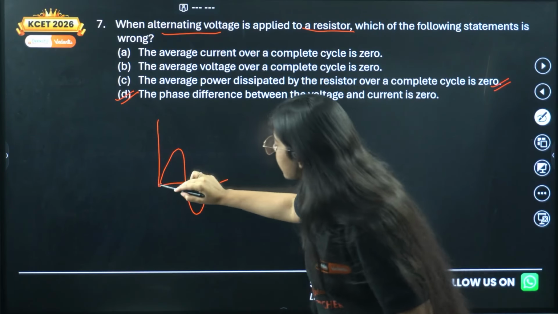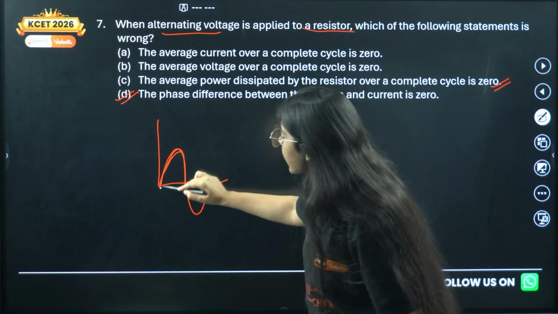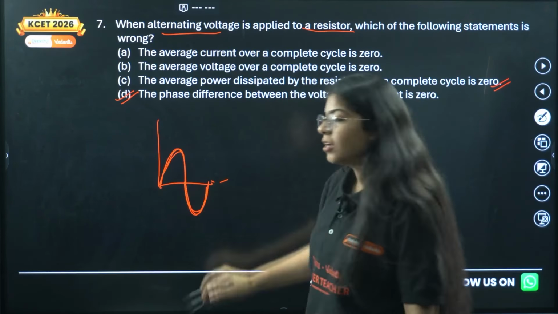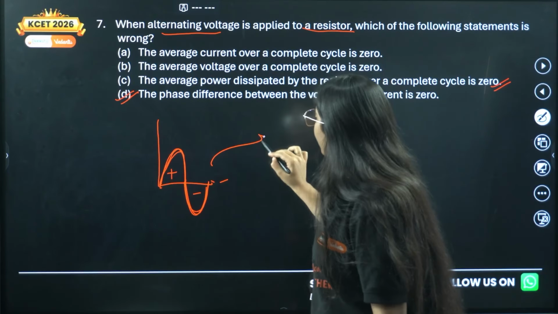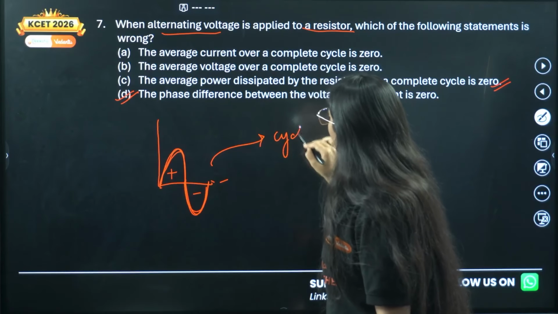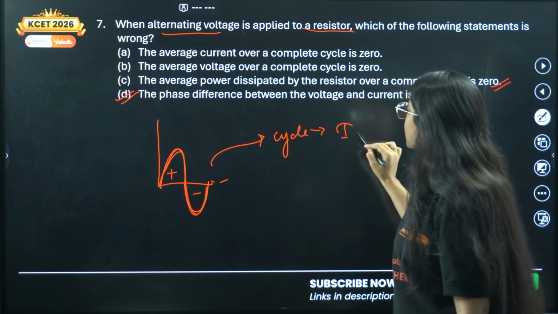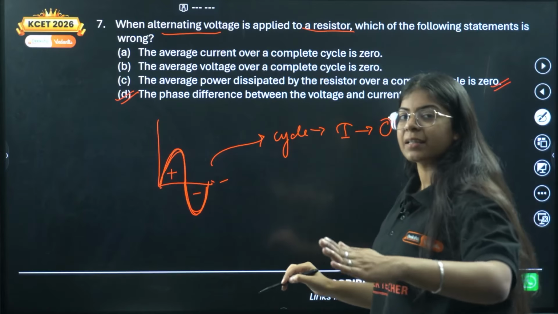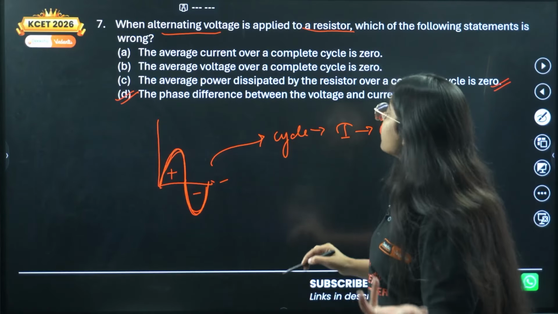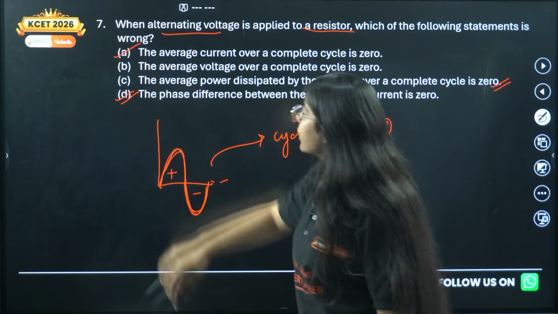So the average of this current: this is the positive cycle and this is the negative cycle, so this gets cancelled. So the average current over the whole cycle will be 0, correct? Positive and negative, the net is 0. So this is also correct.